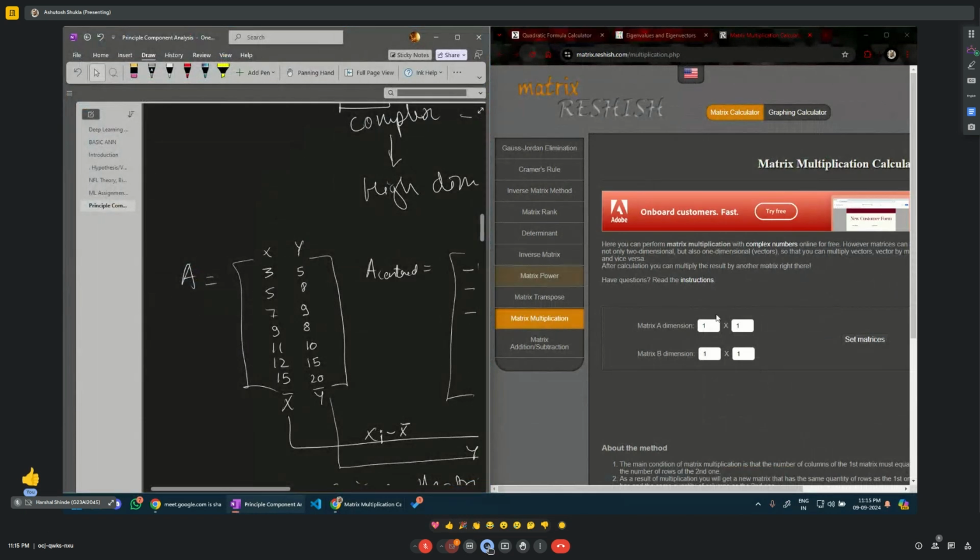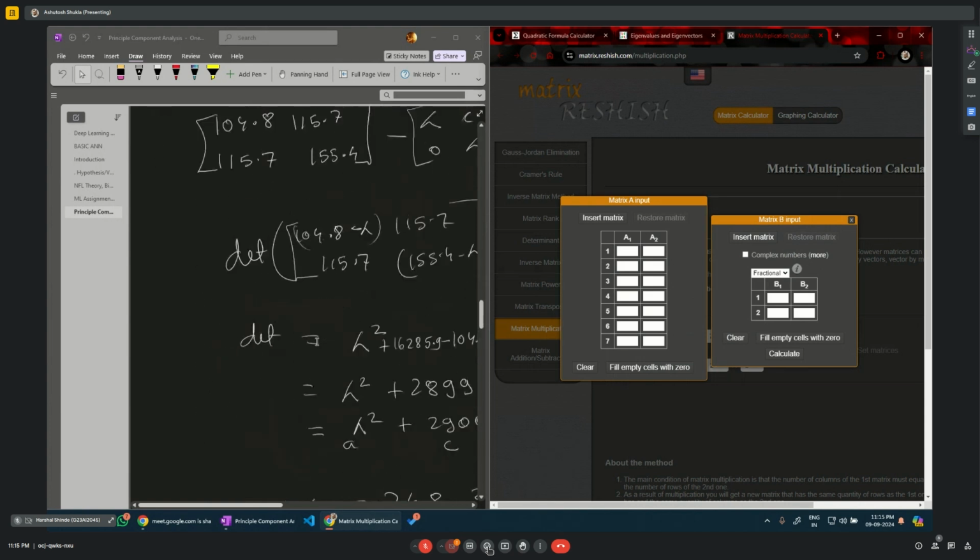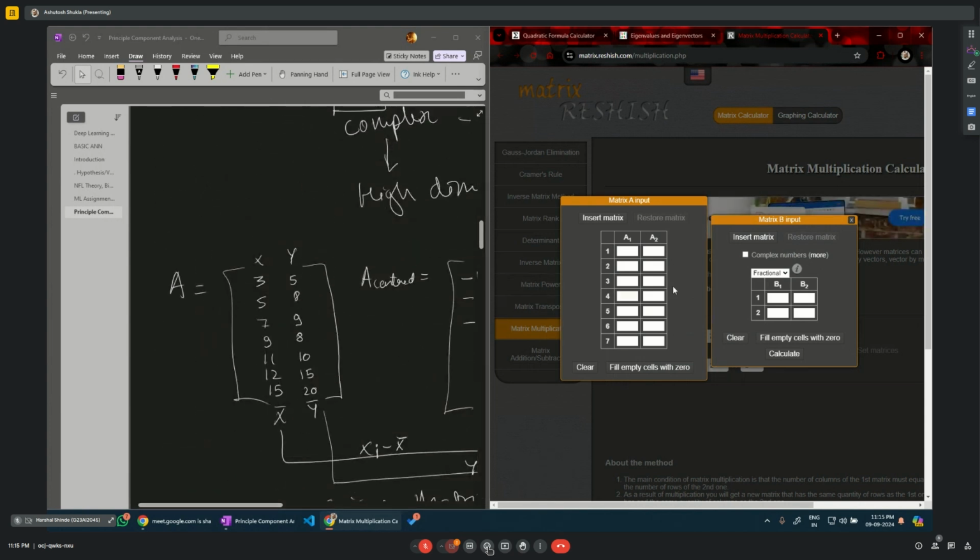No. Okay. So the number of rows in the first matrix is 7 and columns are 2. The number of rows in the second is 2, and columns are 2 as well. Set matrices. So we'll have to give values. This is going to be 3, 5, 5, 8, 7, 9, 9, 8, 11, 10, 12, 15, 15, 20.